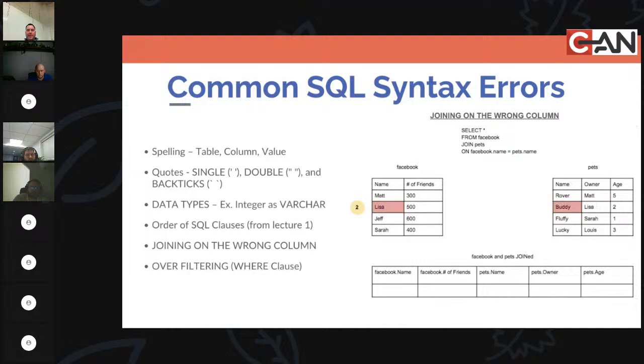Single quotes versus double quotes versus backticks. Integer versus varchar, that bug bit us quite a bit in the import wizard, or small integer versus big integer versus regular integer. Joining on the wrong column, which is what we have on the right.